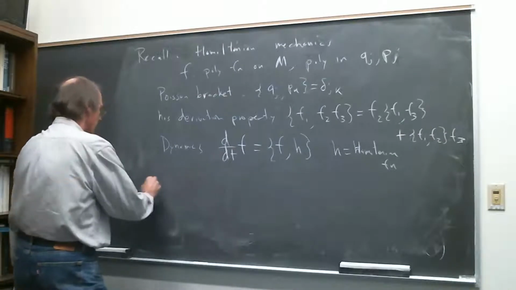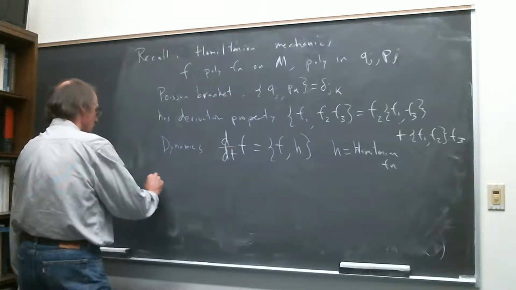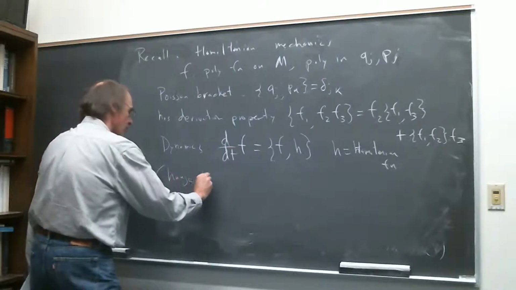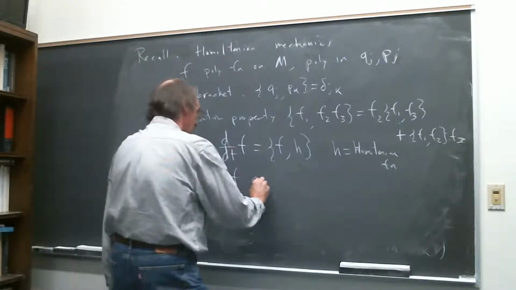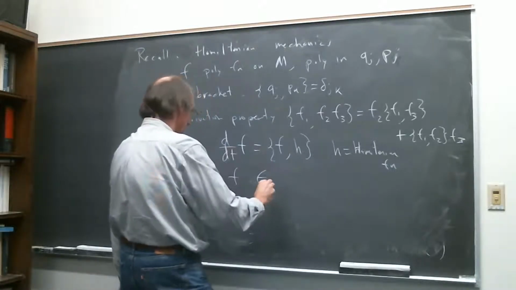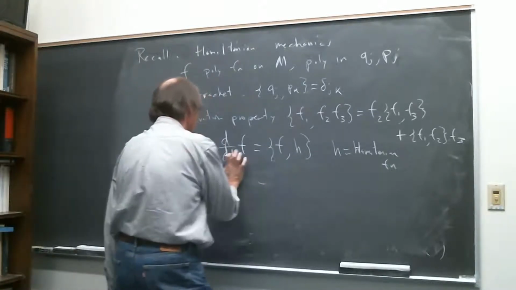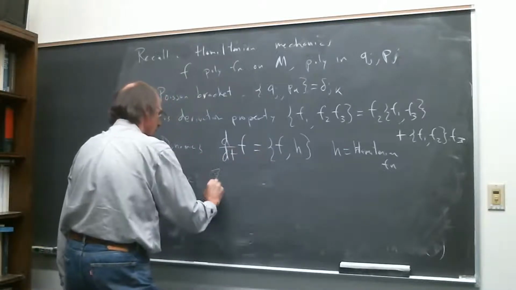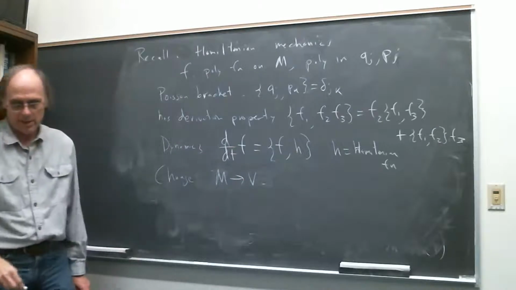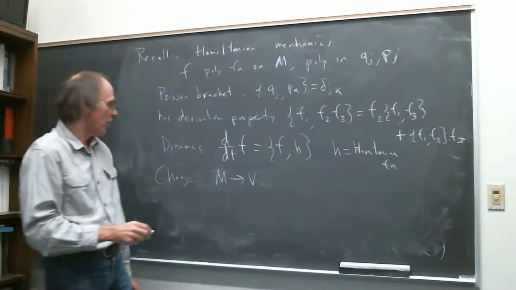So what we want to do is change to fermionic F. M we can take to be any vector space, and it doesn't have to be even dimensional anymore.